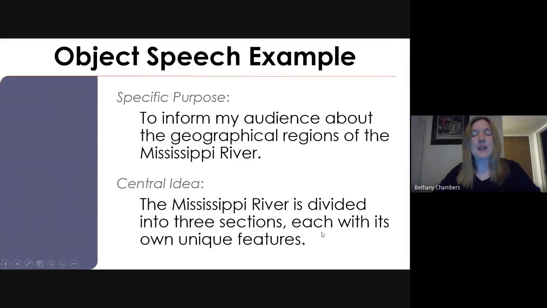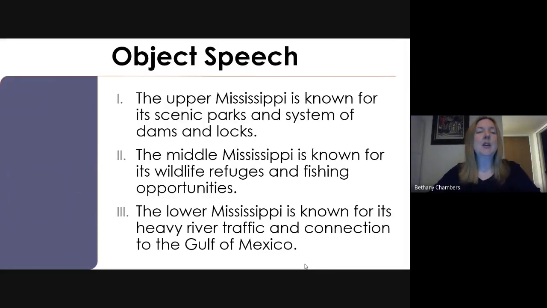So the central idea is setting this up to very naturally put your speech together in terms of 3 sections. Right here, obviously, we're talking about that. And then describe the unique features of each of those 3 sections.